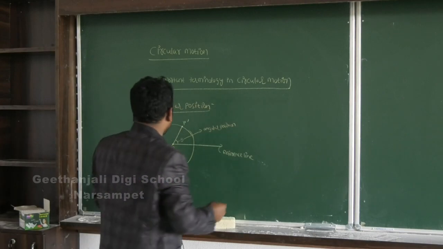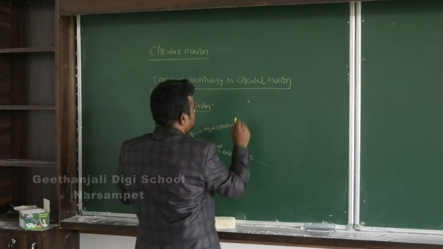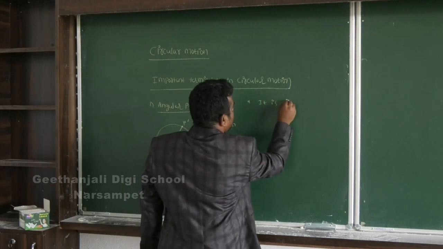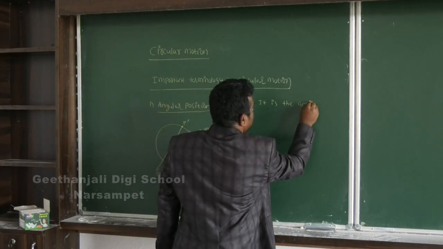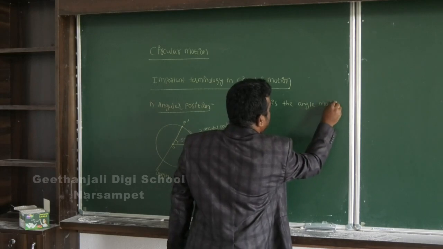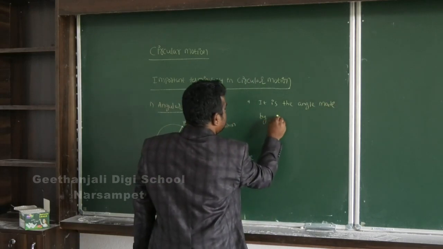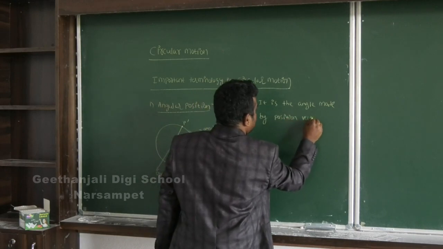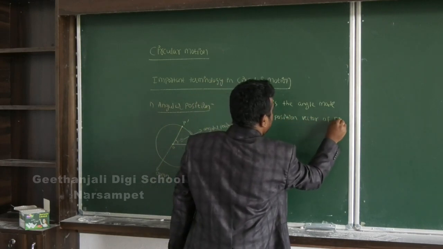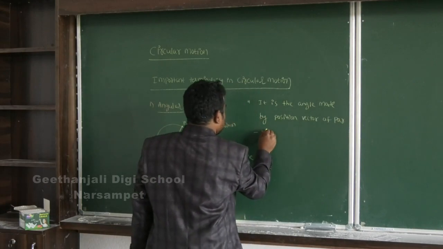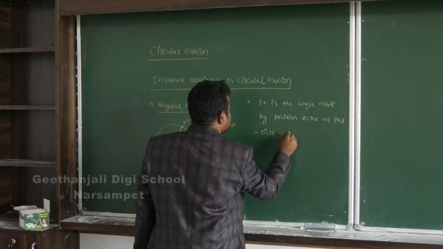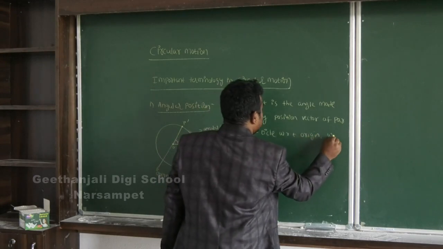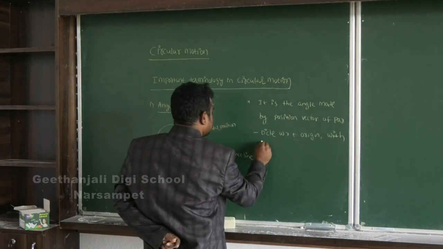Now let us define angular position. It is the angle made by position vector of a particle with respect to origin with a reference line.